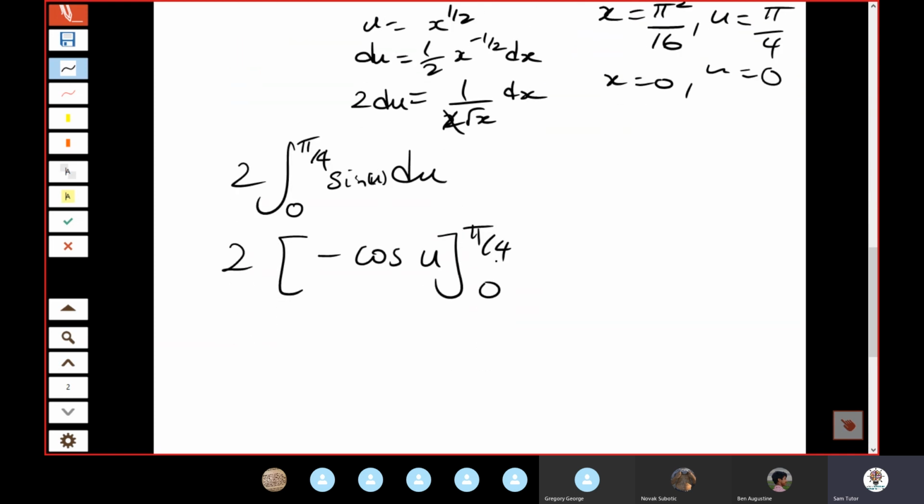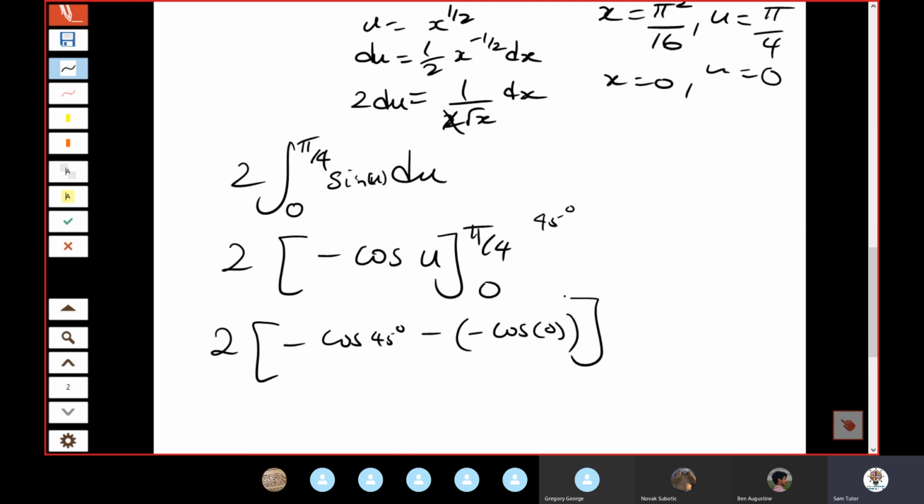And then we've got to sub this in. Remember, pi on 4 is 45 degrees. So your answer becomes 2 times negative cos 45 degrees minus negative cos 0. That minus is there because you're going pi on 4 take away 0.